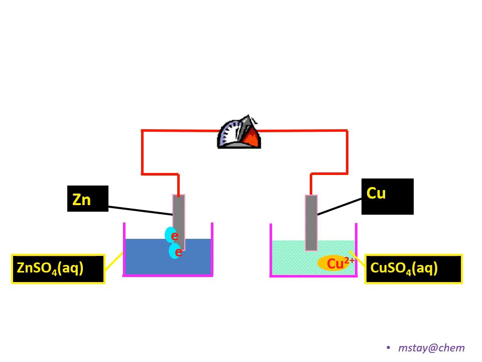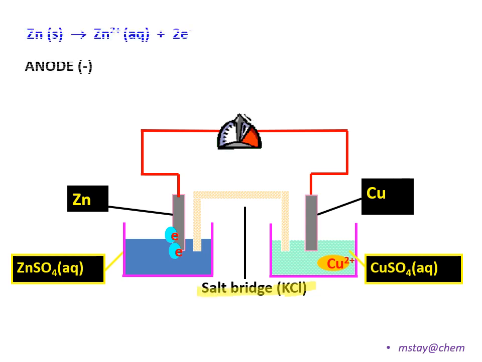Okay, now let's continue with the explanation with the diagram. The salt bridge will be connected to the solutions, and a common example of the salt bridge is KCl. As we know, at the anode, the zinc will produce zinc 2 plus by losing 2 electrons.